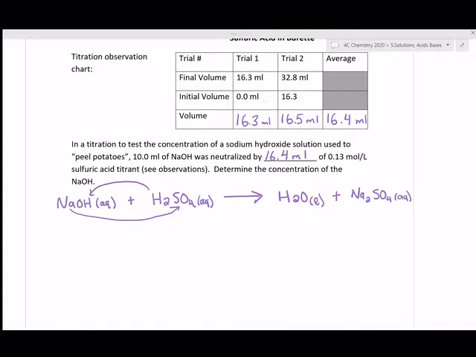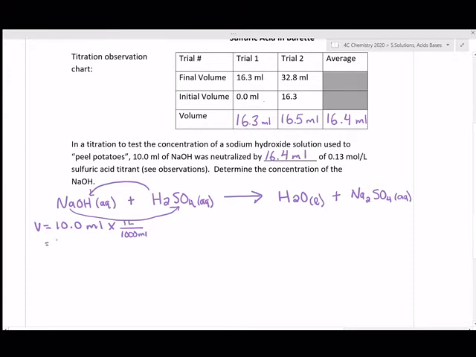So now we're going to do what we always do with stoichiometry, and we're going to write down everything we know under the appropriate column. So the sodium hydroxide, we very carefully took a volume of 10 milliliters to test. We know we can't do calculations with molarity, or moles per liter concentration, with milliliters, so you are going to convert that. 1,000 mL on the bottom, 1 liter on top.